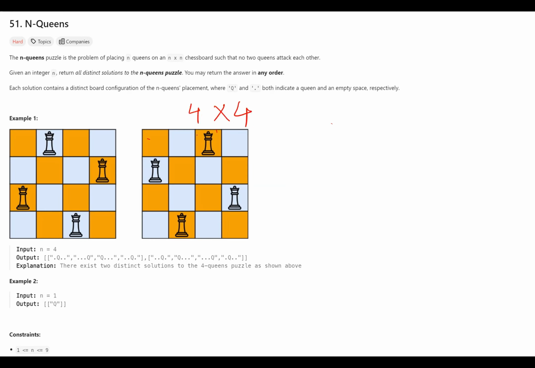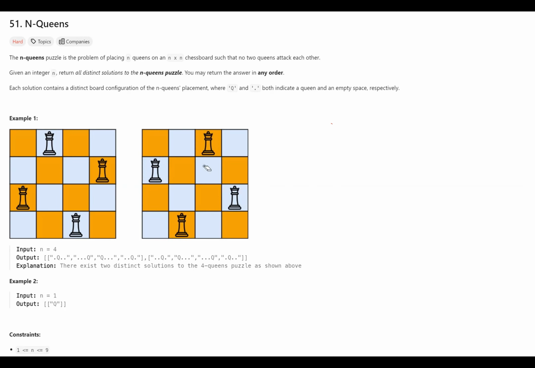If you look at this queen, there is no other queen it can attack if it goes in a straight line or diagonally. If you check the other queens here, you see the same thing. Going in a straight or diagonal direction, there are no queens to attack. So this is a solution to the problem, where you put one queen in each row and these queens cannot attack each other.